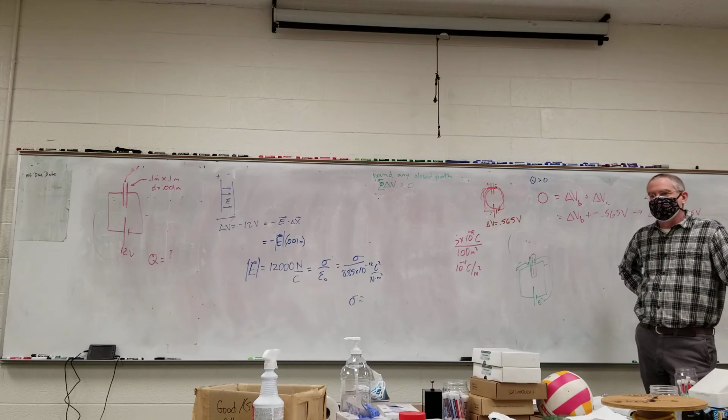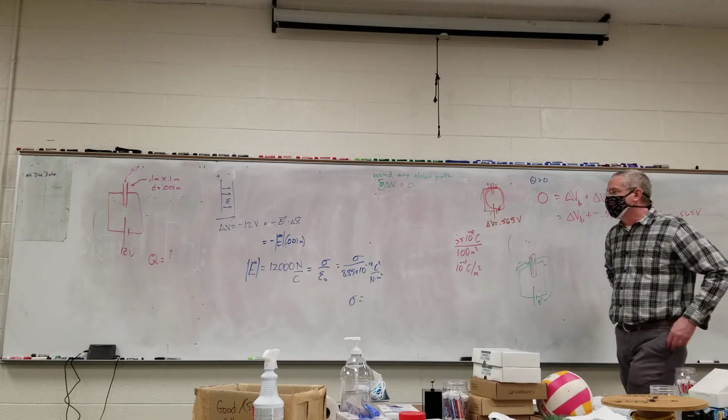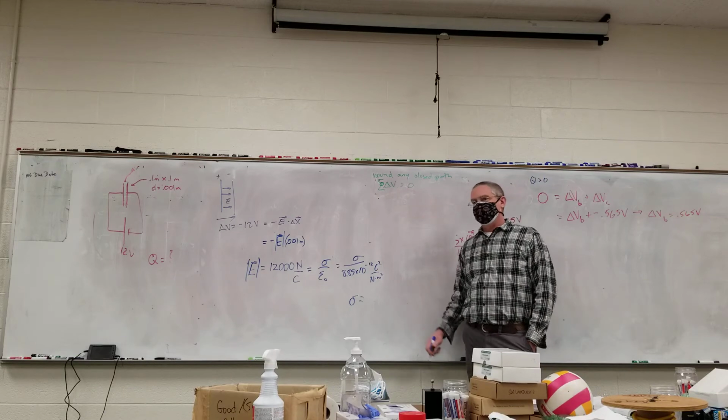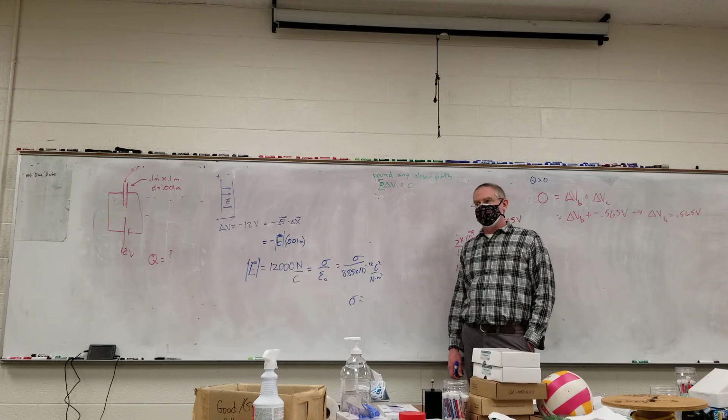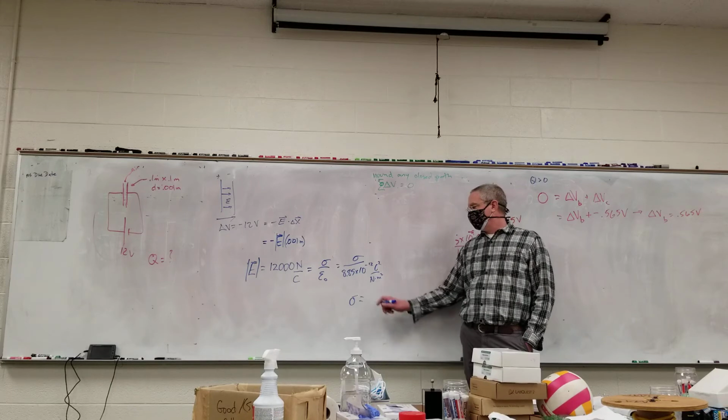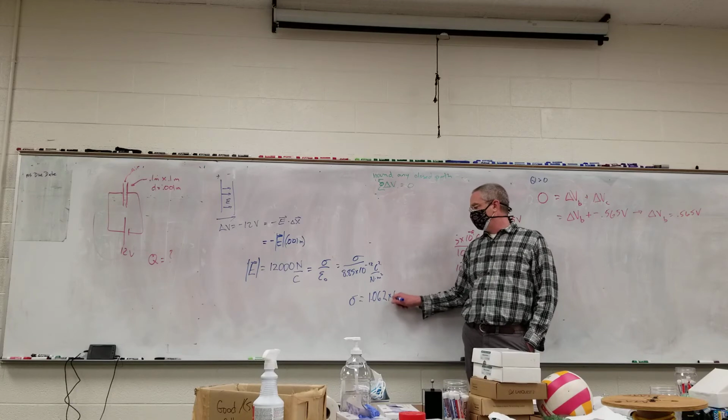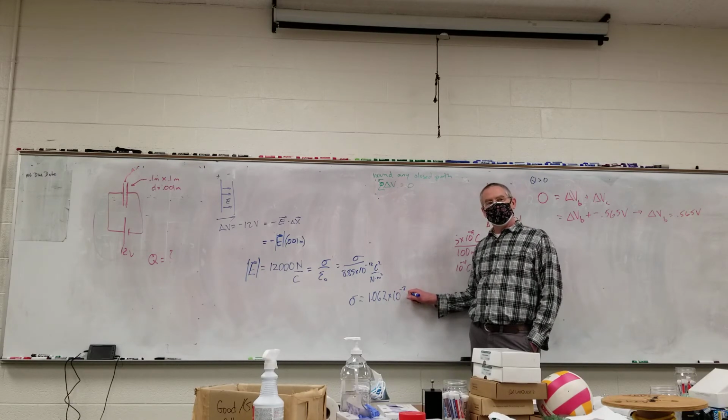Okay, yeah, that's the next step. 1.062 times 10 to the negative 7 coulombs over meter squared.